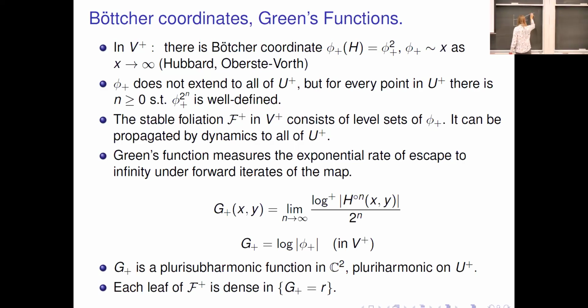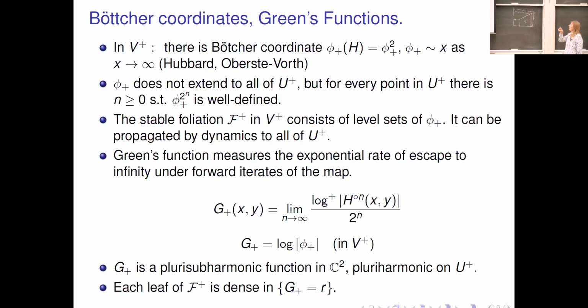So we look at the level sets, and I've drawn them like this, but they are almost vertical at infinity. You can think about phi plus as x, and you can think about phi minus as y.